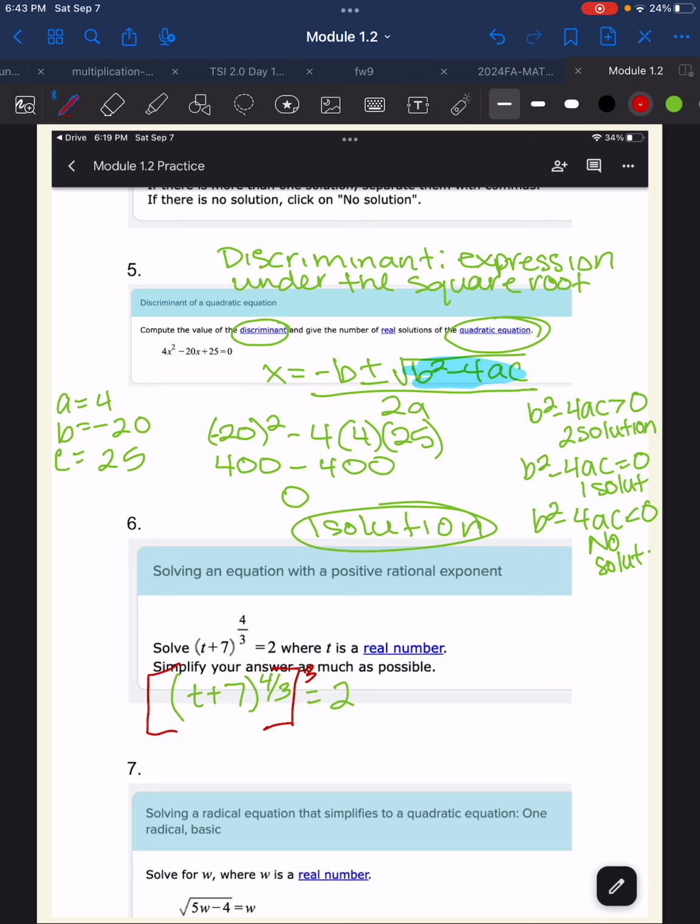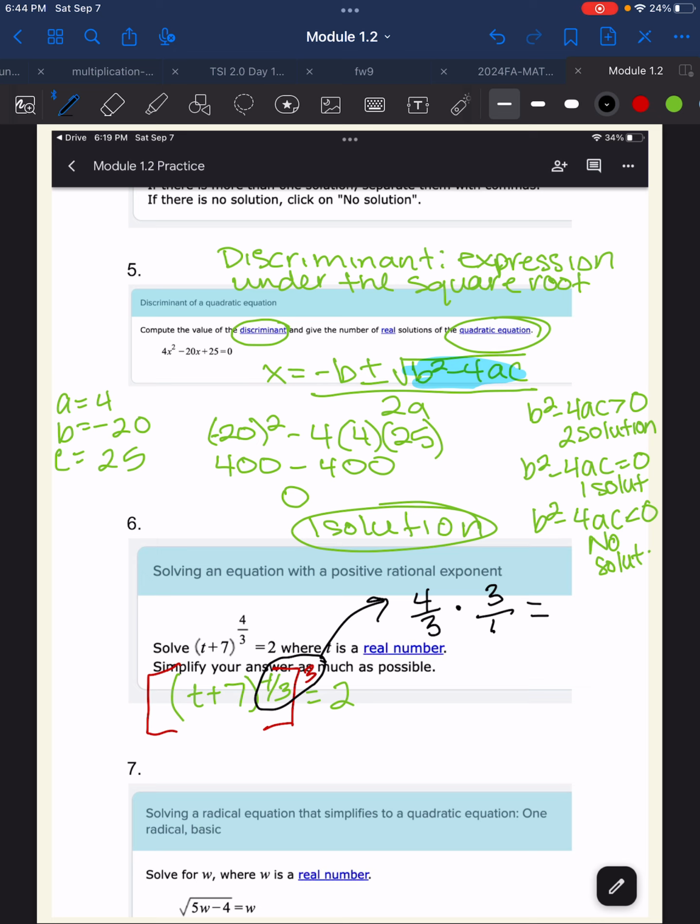I'm taking this chunk right here, and I'm going to bring it over to the side so you guys can see what's happening. If I take this and bring it over here, that's like saying 4/3 times 3 over 1.